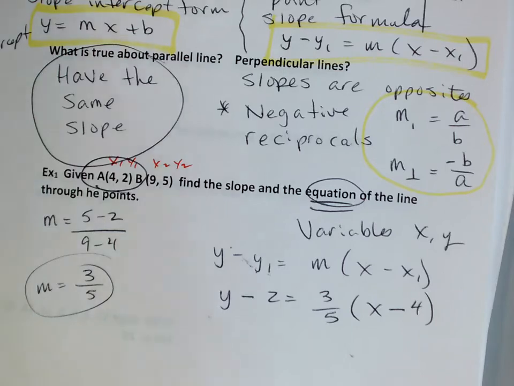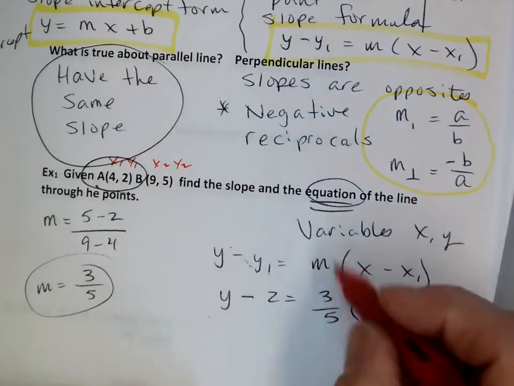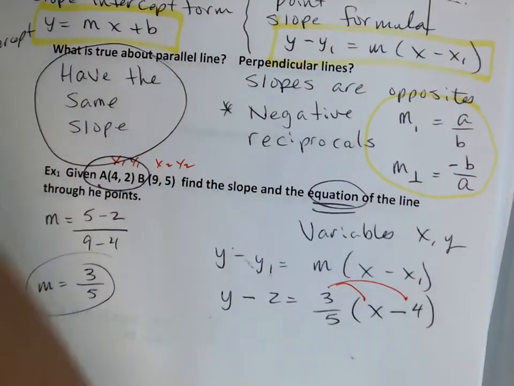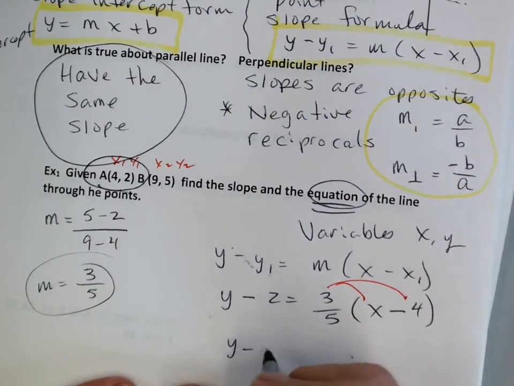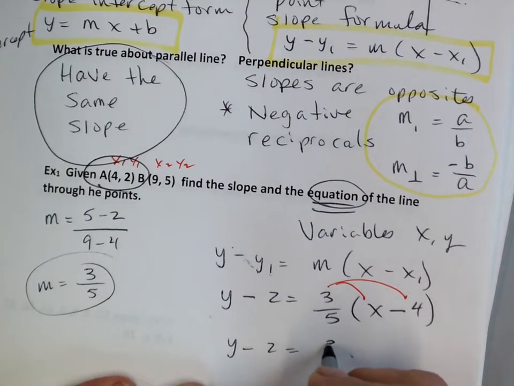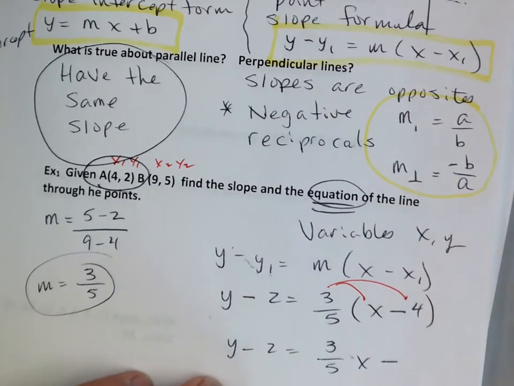And I'm just going to simplify it. I'll multiply this times this times this. So to simplify, I'll have y minus 2 equals 3/5 x minus 12 over 5. That's 2.4. Is that right?